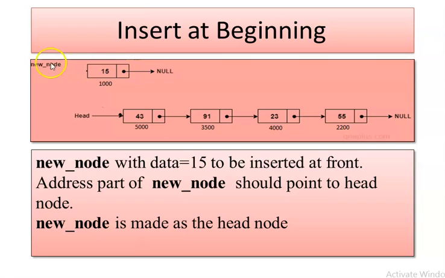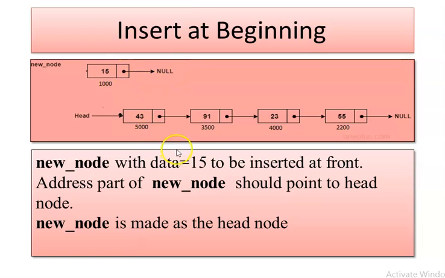So we have created a new node by using the malloc function, and we have assigned value 15 to it. If new node is the name of this node, it is having two fields, one is the data, and another is the next, which is used for pointing to another node.